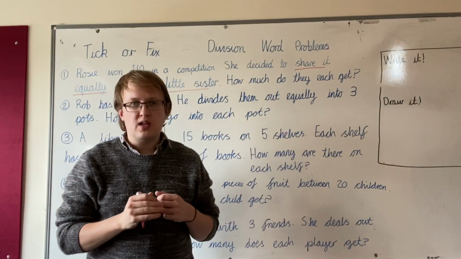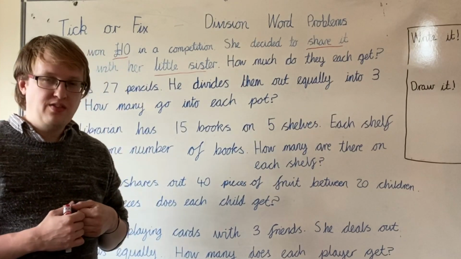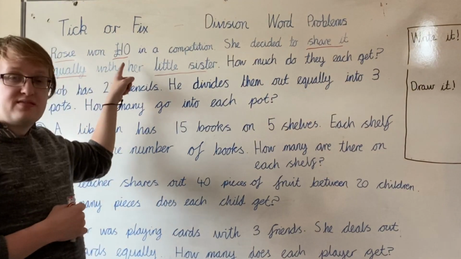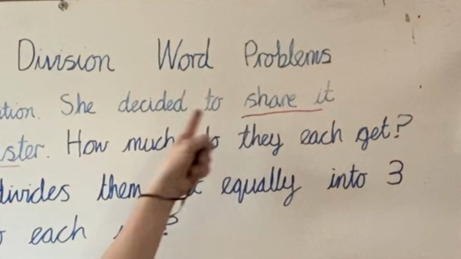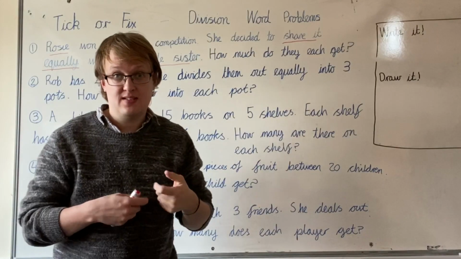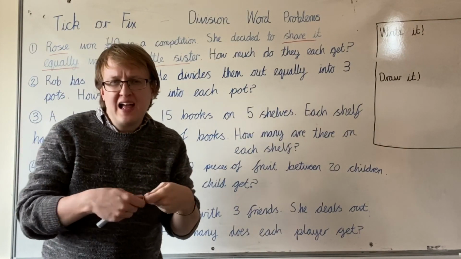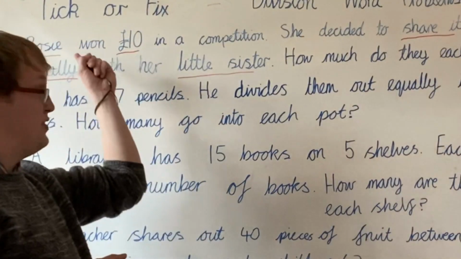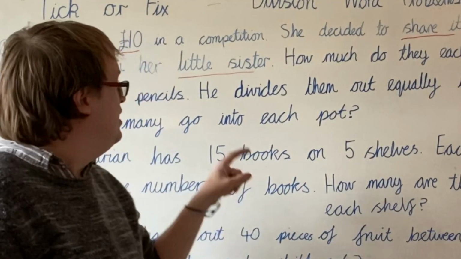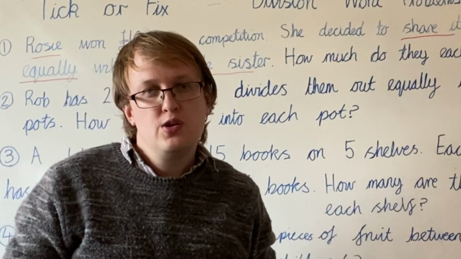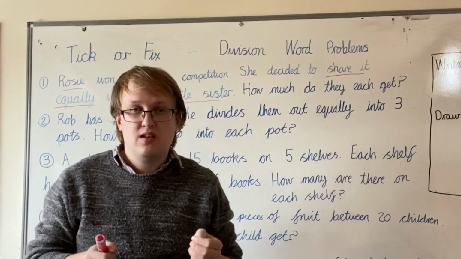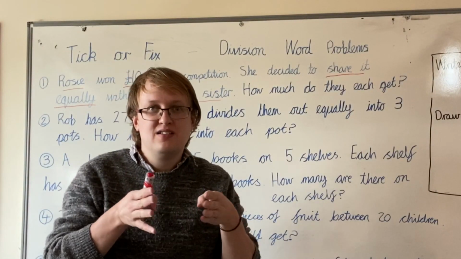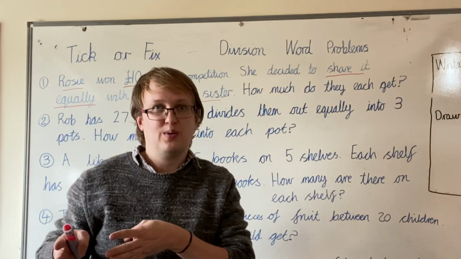Looking at the question then, we have £10, we're sharing it equally, so that's division. How many people are going to get some of this money when they share it out? 2, right? Rosie, who won the money, and her little sister, who she's sharing it with. So we need to do 10 divided by 2.